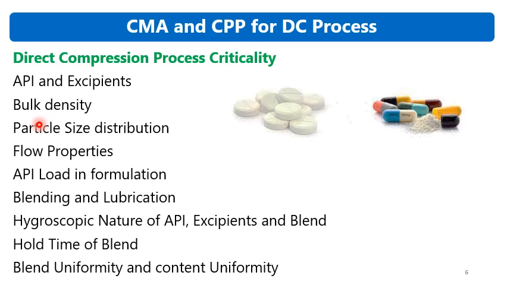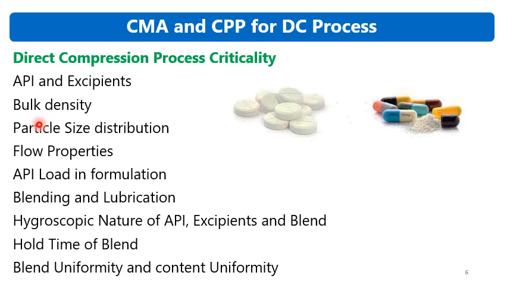Blend uniformity and content uniformity. See, generally whenever the blend is prepared, at that time blend uniformity samples are taken and that blend is held for some time before compression. Now you can assume that if you have done the blend uniformity and it is passing, but the content uniformity at compression stage is not passing.